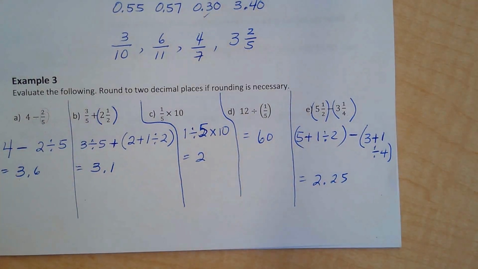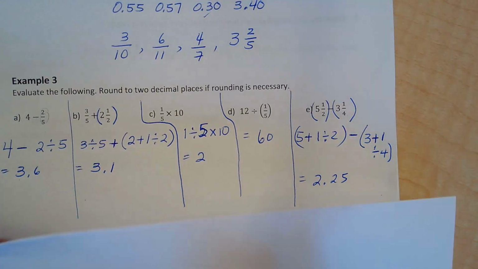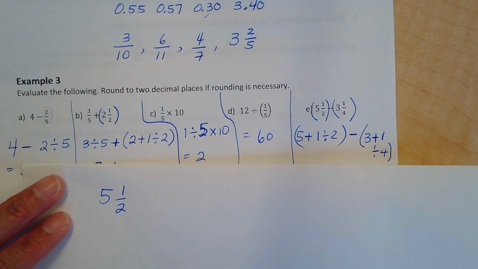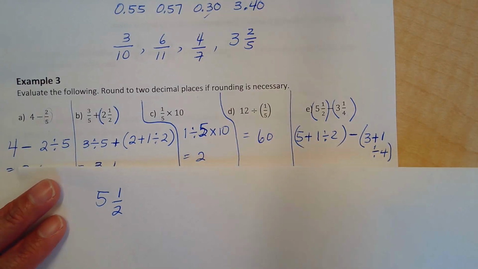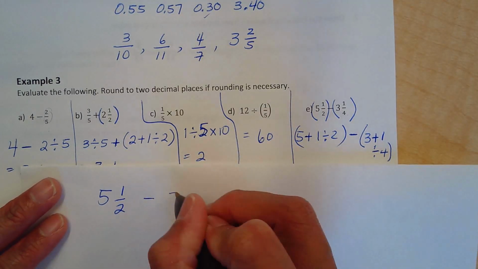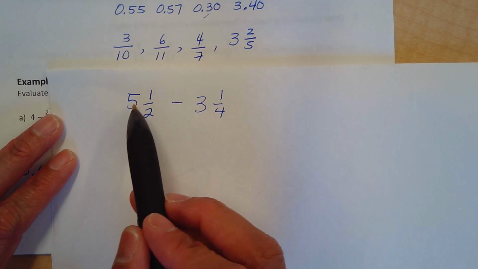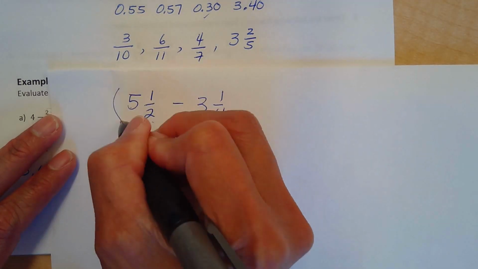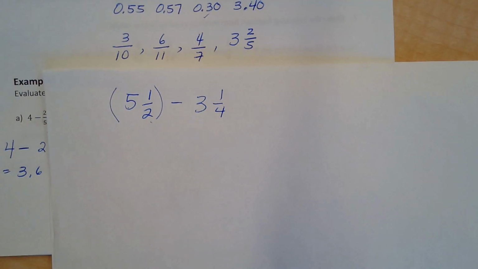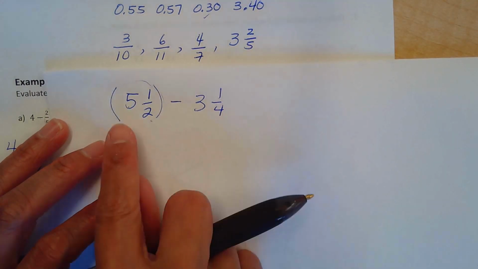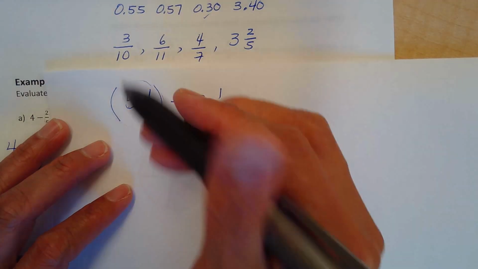So 5 and 1/2. Try that. What's with all the brackets? Okay. So here, what we're saying is 5 and 1/2. Our calculator can only perform operations, so when we enter this on our calculator, we want to make sure it's treated as a mixed fraction.